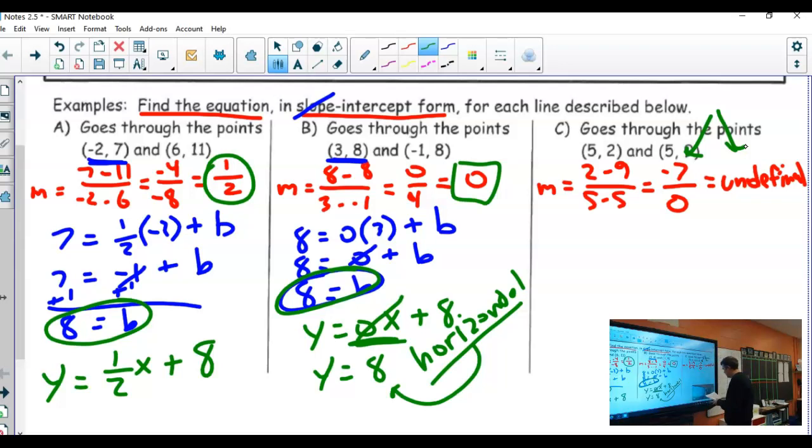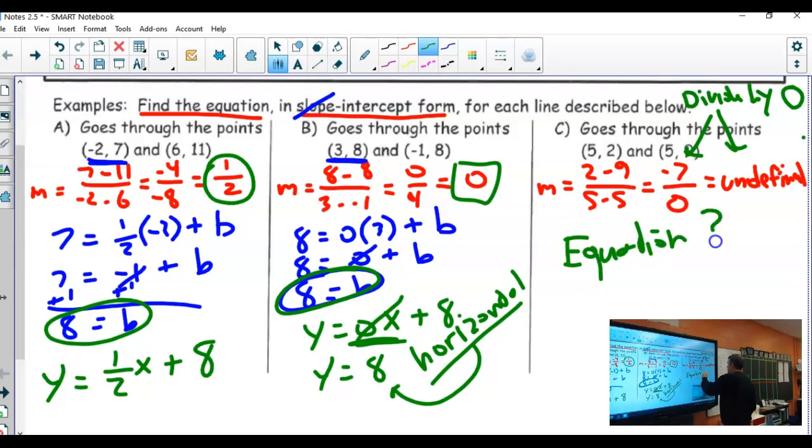So if the slope is undefined, by the way, if you do that on your calculator, it will say error, because you can't divide by 0 in math. If the slope is undefined, how in the world am I going to write an equation for this line? I can't find the y-intercept by saying 2 equals undefined times 5 plus b.